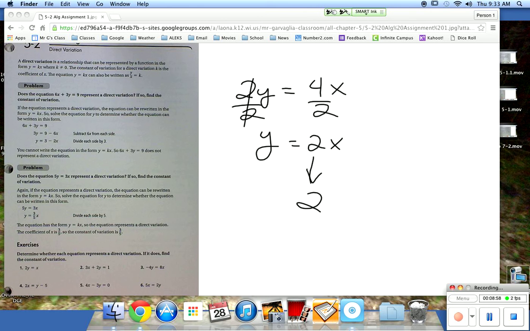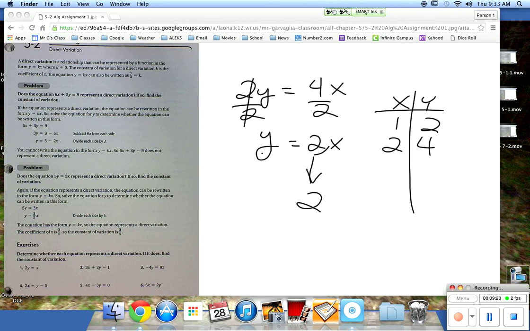What's happening is I'm making a variation from y by multiplying x by 2. All right? So if I put 1 in for x, my y is going to be 2. If I put 2 in for x, y is going to be 4.